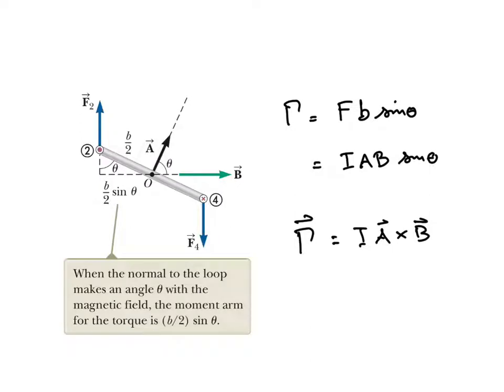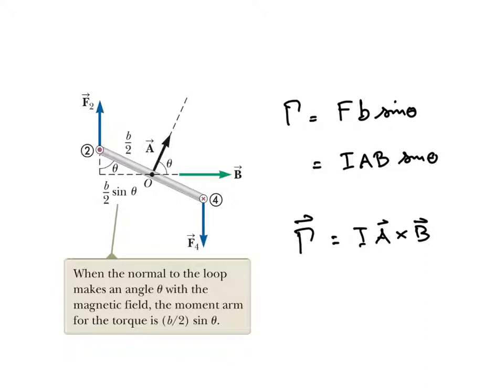That is, if you curl your fingers in the direction of the current, your thumb will point in the direction of A. So theta is the angle between the vector A and the magnetic field.